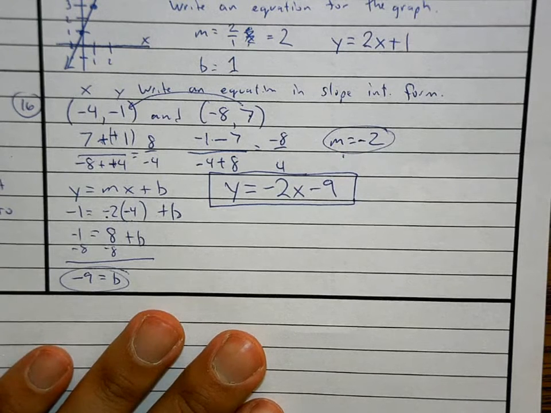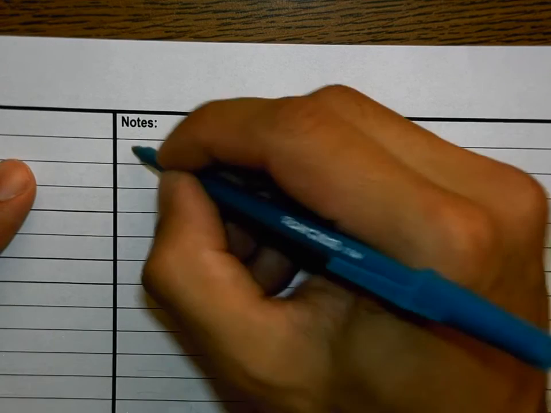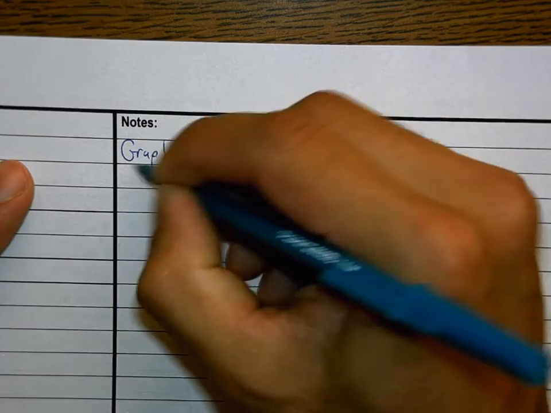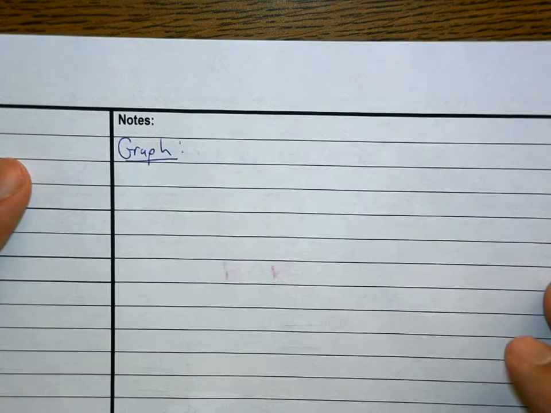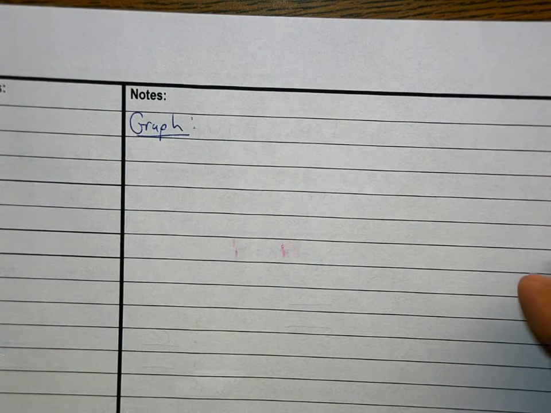So far so good. That's the hardest that it gets. Because after that, the last concept, I'm going to flip this over. The last thing you have to be able to do is to graph. And graphing should hopefully be the easiest thing that we have to do.